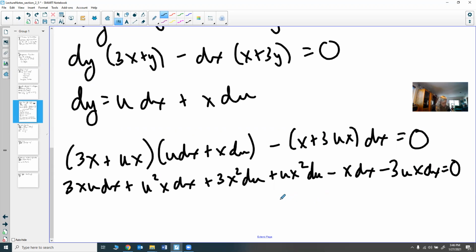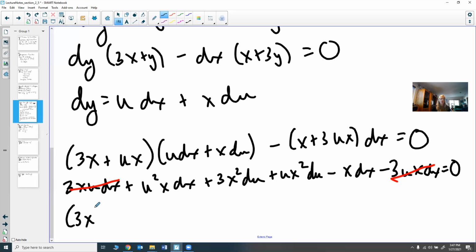All right, so now we're going to collect any like terms. We have a 3ux dx and we have a minus 3ux dx, so we can cancel those two out. The next thing I notice is that I have some dx terms and some du terms. Let's put the du terms together first.